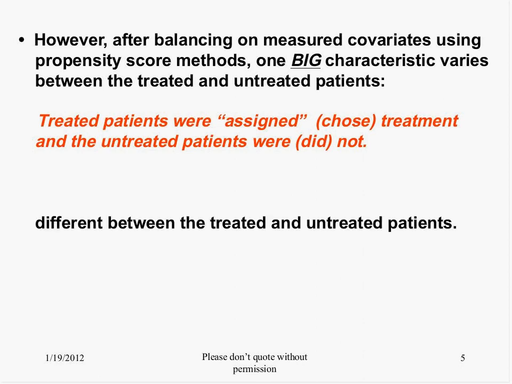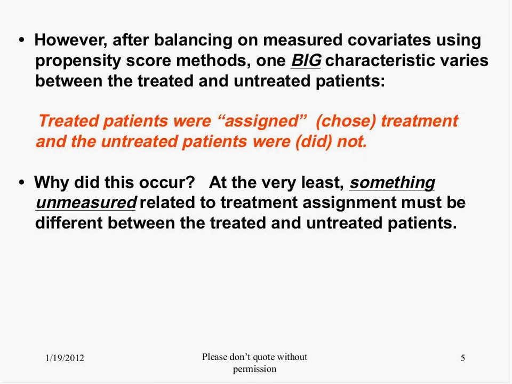And so why does this occur? At the least, we would argue that something unmeasured has to be related to treatment assignment that must be different between the treated and untreated patients. Something caused it, and you could argue what it is. You could argue that it's just random at that point in time. But I would suggest to you that once you start making those statements, you're bringing theory into this.